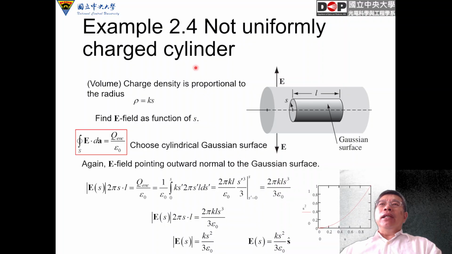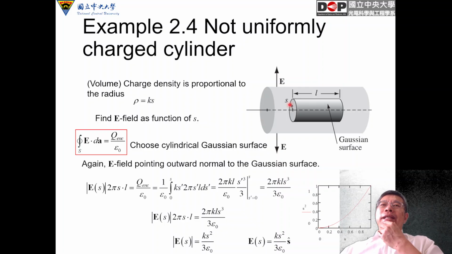And similarly, consider a non-uniform charge cylinder. The volume charge density is proportional to the radius, so you have more charge on the outside and zero at the center. This is the charge distributed here.